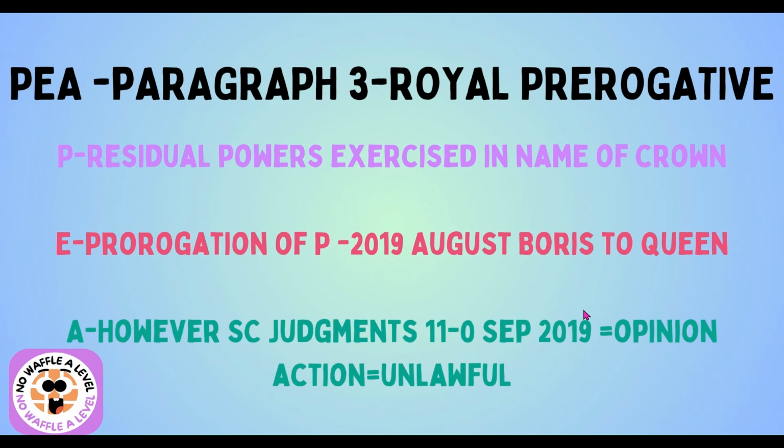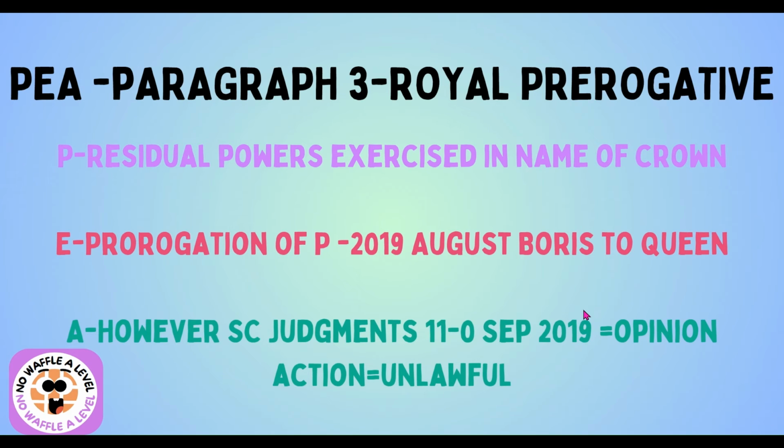Alternatively, you could talk about the royal prerogative. Royal prerogative are residual powers that are exercised in the name of the crown. For example, the prorogation of Parliament in August 2019 was when Boris Johnson requested the Queen to prorogue Parliament for a period longer than 5 weeks, and she agreed to this.